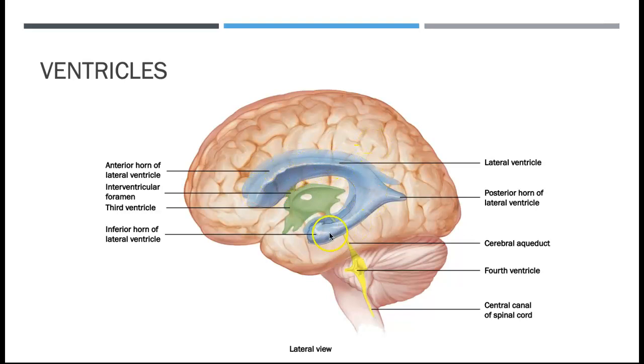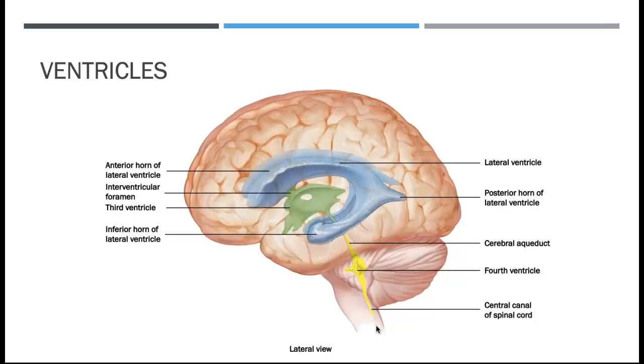So again, lateral ventricles, interventricular foramen, sometimes called the foramen of Monro, which brings it to the third ventricle, through the cerebral aqueduct, sometimes called the aqueduct of Sylvius, into the fourth ventricle, and from there we have our lateral apertures, a median aperture, and the central canal.